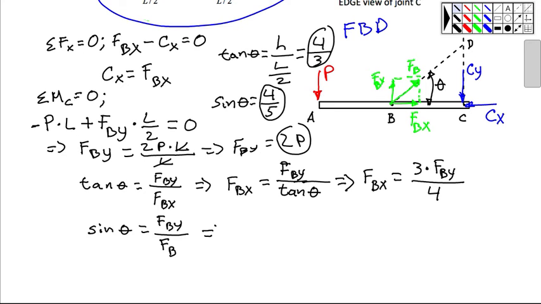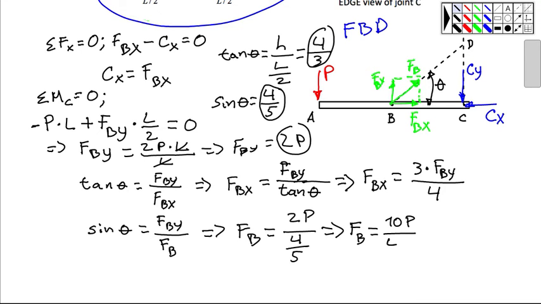Then we have that Fb is equal to 2P over 4 over 5. Then we find that Fb is equal to 10 times P over 4.